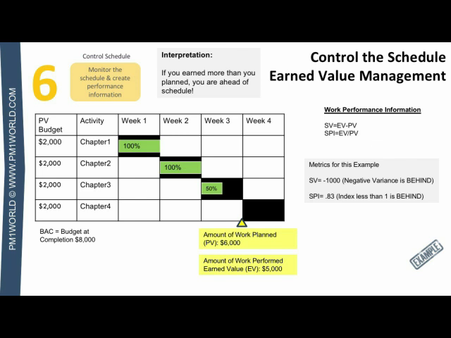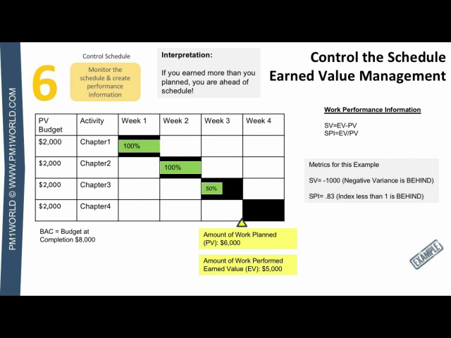If you take a look at this example, you'll see that this is a very simple schedule. It's got 4 weeks and 4 tasks, 1 task per week. Each task has been budgeted to be $2,000. The total for my whole project is $8,000 budget at completion.